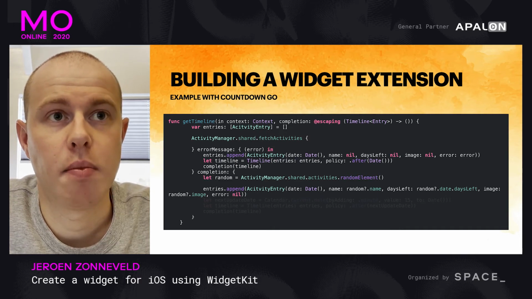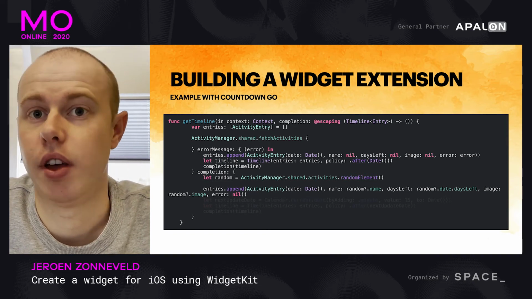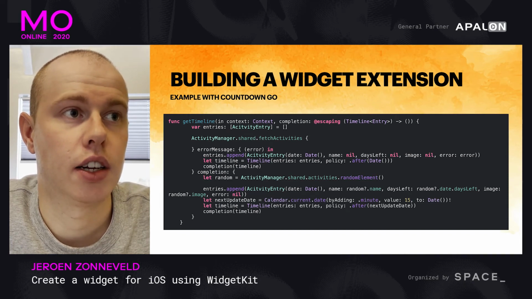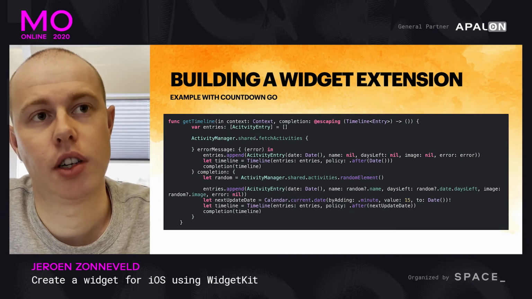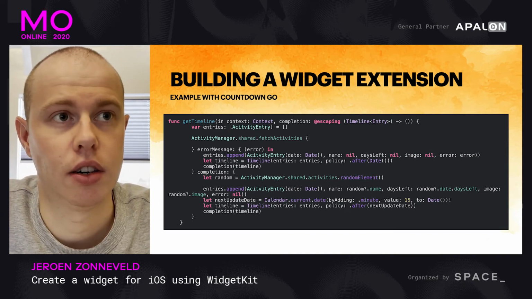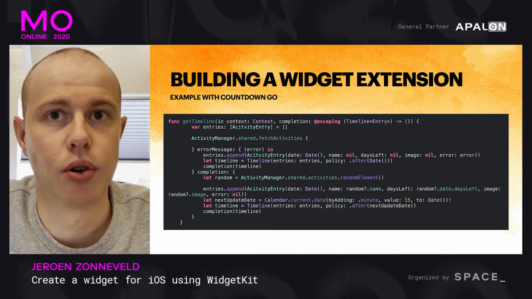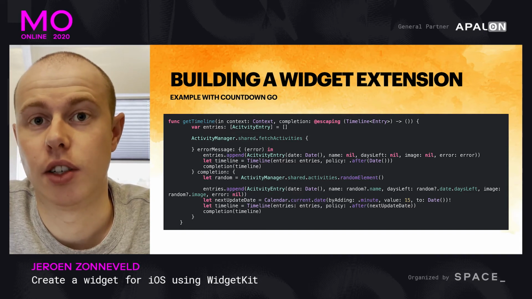I select the name, the days left, the image, and the error is nil, as I don't have an error. And I set the next update date to 15 minutes. So after 15 minutes, it may do a new request to fetch a new activity, and then do the completion block to present the new activity widget to the user.